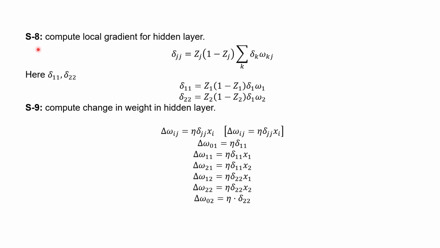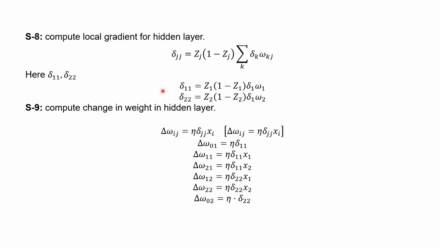Step 8. Compute the local gradient for the hidden layer del jj. Del jj is given as zj into 1 minus zj into summation of k del k w kj. Here there are two input values, so we have two gradients, del 11 and del 22.